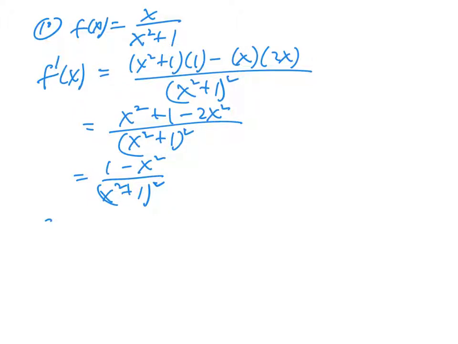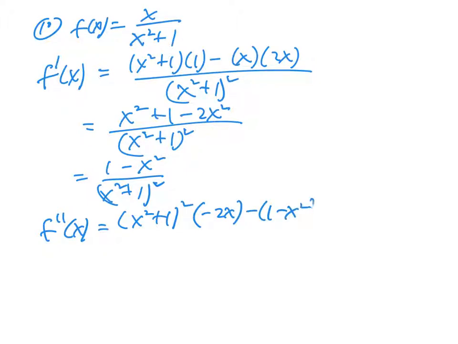Now we need the second derivative. The second derivative is, now again, we still have a quotient, so we got to use the quotient rule. So low d high minus high d low. Now look at the denominator there. How do we take the derivative of that?